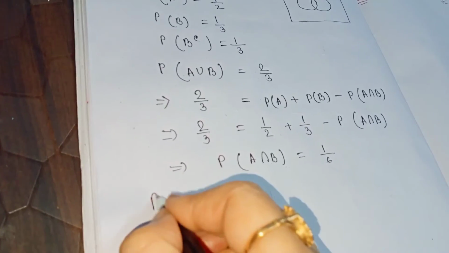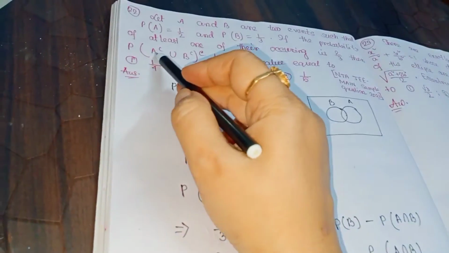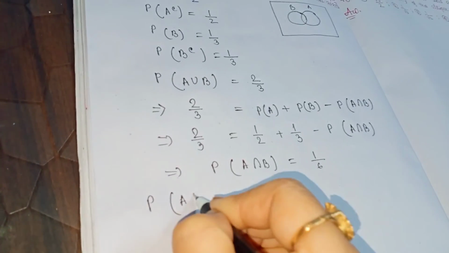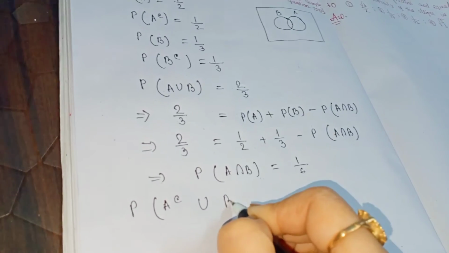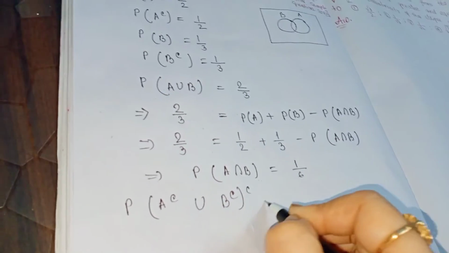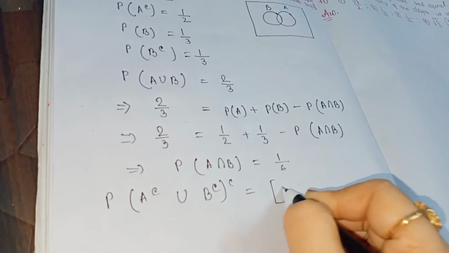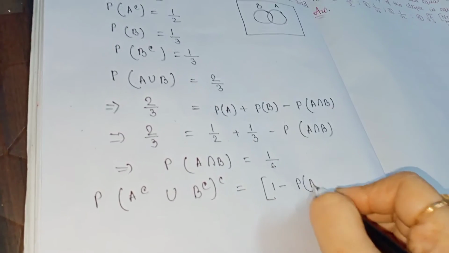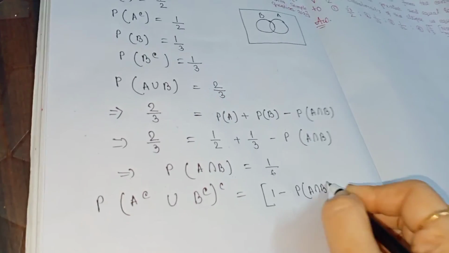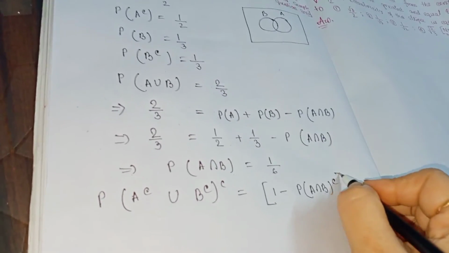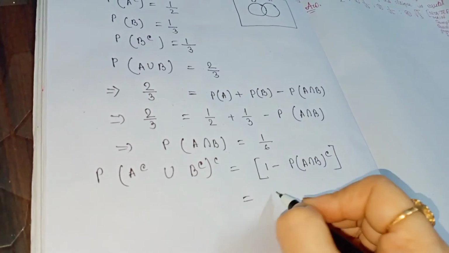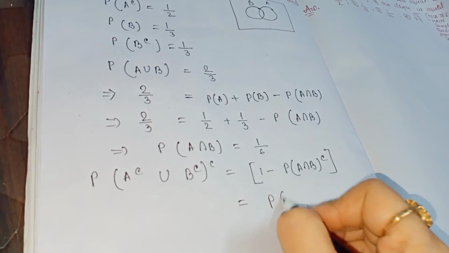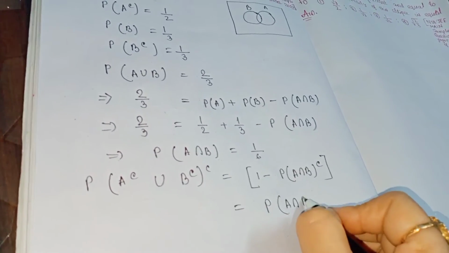Now we should calculate the value P((A complement union B complement) whole complement). We know this is, from De Morgan's law, P(A intersection B).